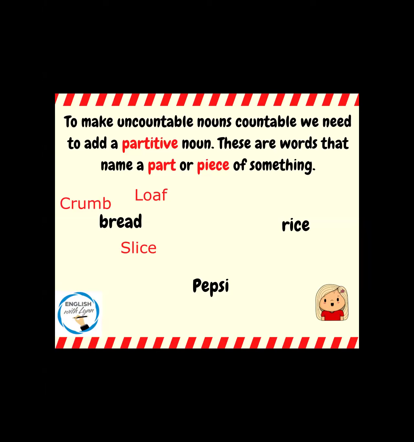Now, if I'm speaking about drinks, Pepsi, lemonade, any type of drink, there are different ways that you could buy this or you could order it. So if I go to the shop, I could buy Pepsi or lemonade, I could buy it in a bottle.